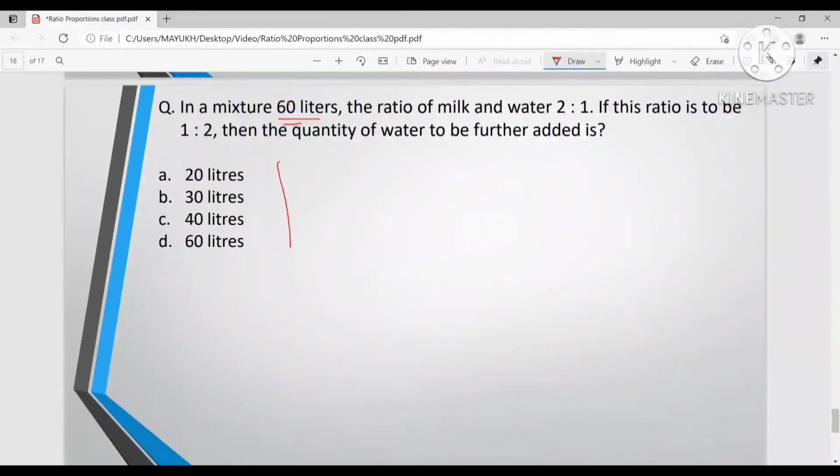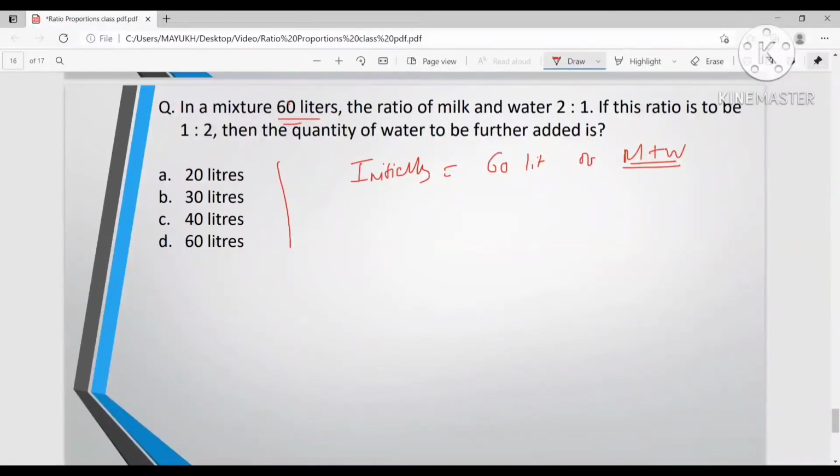Okay, let's see what the question is saying. In a mixture of 60 liters, the ratio of milk and water is 2 is to 1. Next, if the ratio is to be 1 is to 2, then the quantity of water will be further added. So initially we had 60 liters of milk plus water, correct?